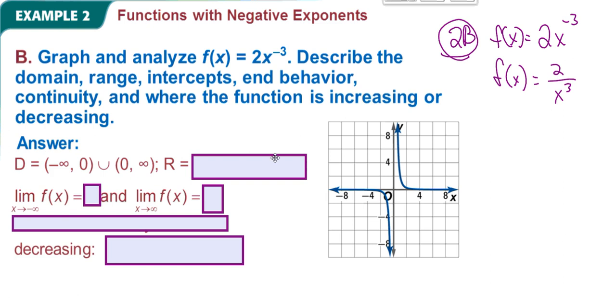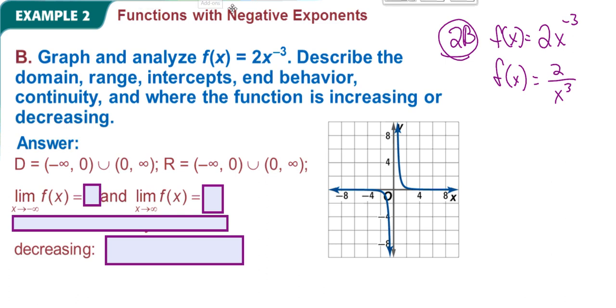Our range this time is the same. Notice in that other one, they were both kind of flipped up. Now we're taking this left side and flipping it down. So we have the same thing for the range as the domain. From negative infinity to 0, union with 0 to infinity, where there's no value for either x equals 0 or y equals 0.